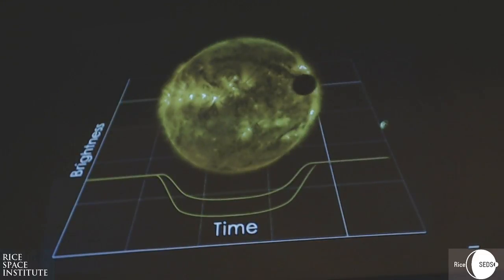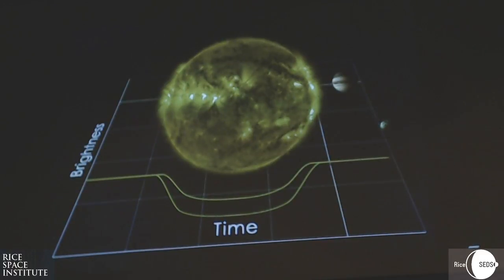And as you can see in this illustration, smaller objects, like planets passing in front of stars, dim the light of the star. The bigger the object, the more is dimmed, more light is taken away that you see. And so over time, you get an intensity that drops.